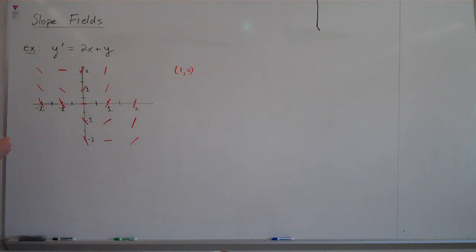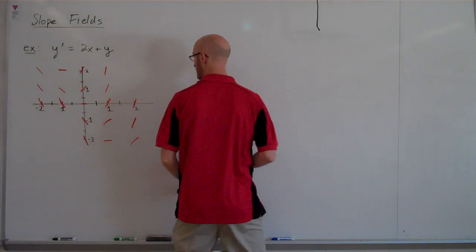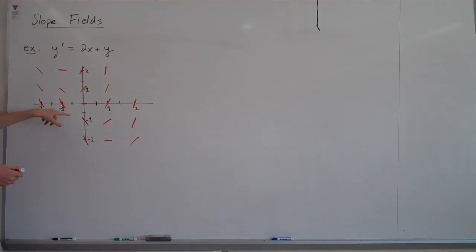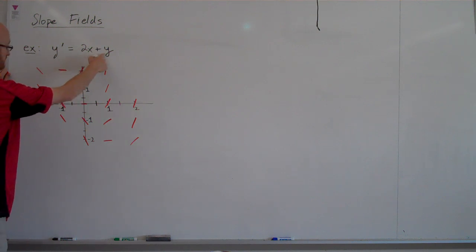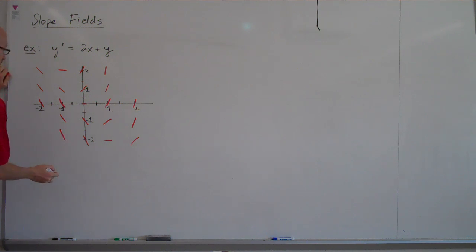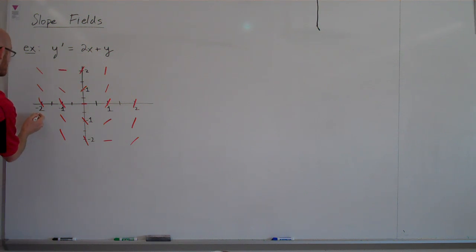Well, let's finish. No sense in not doing that. Negative 1, negative 1 would be a slope of negative 3. Negative 1, negative 2 would be a slope of negative 4. And then negative 2, negative 1 would be a negative 5.